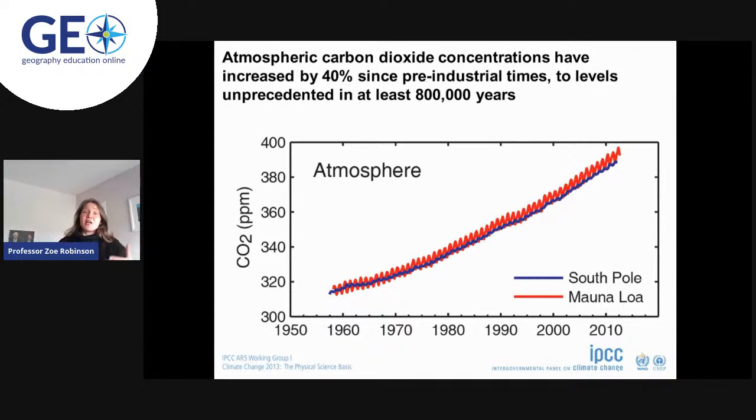Basically, carbon dioxide levels in the atmosphere are lower in the northern hemisphere summer, and that's because we have more photosynthesis going on, removing carbon dioxide from the atmosphere. And I just love the fact that we can see the effect of plants photosynthesizing in those global records of carbon dioxide.